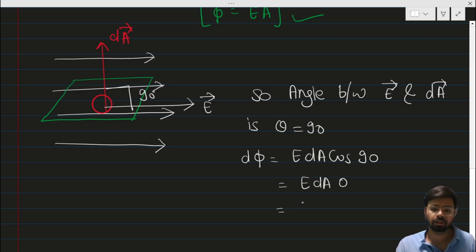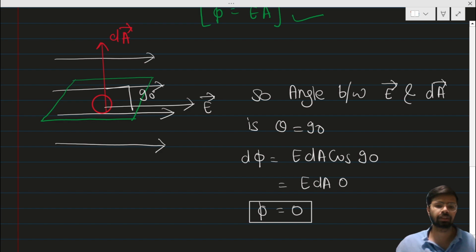So flux phi in this case will be 0. No flux is passing through this surface.